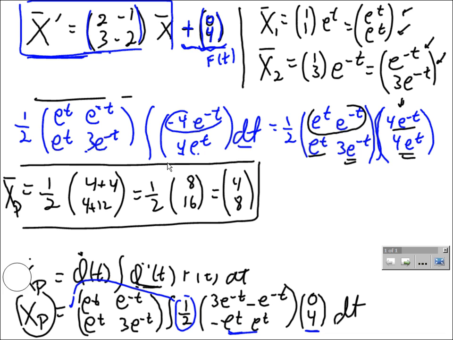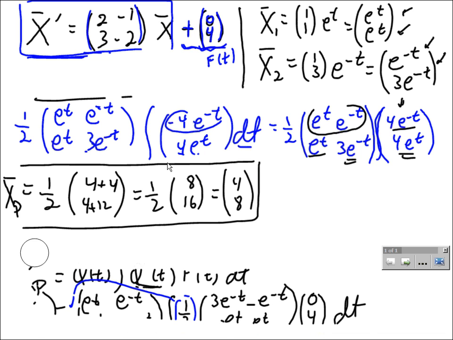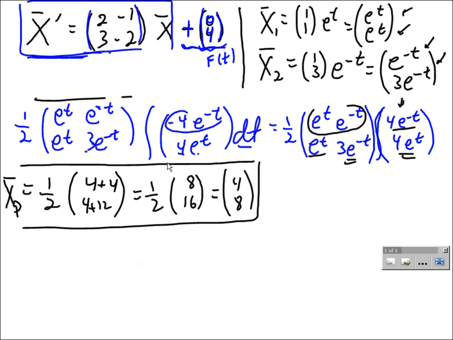So now, after doing all that, we're ready to write down the final answer. Big X is equal to C1 times X1, 1 e to the t.